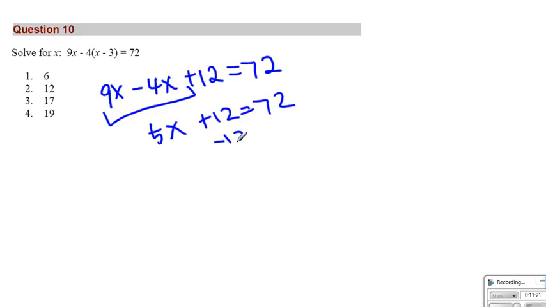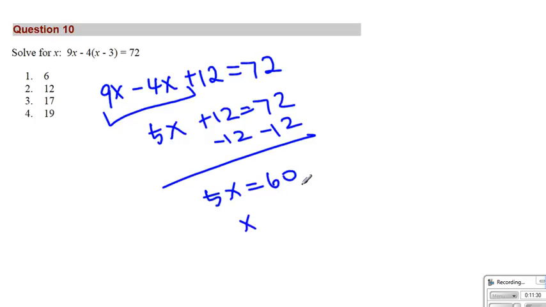Now, by subtracting 12 from each side, we have 5x is equal to 60, where when you divide by 5 on each side, x becomes 12. So here we have x equals 12.